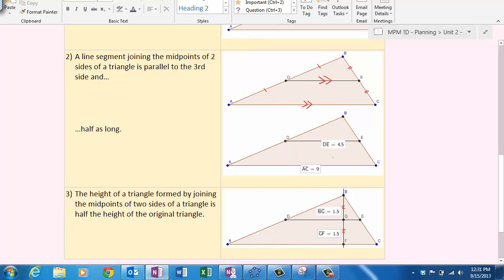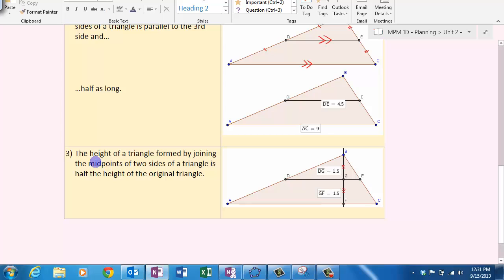The third characteristic of midpoints in triangles is that the height of a triangle formed by joining the midpoints of two sides of a triangle is half the height of the original triangle.